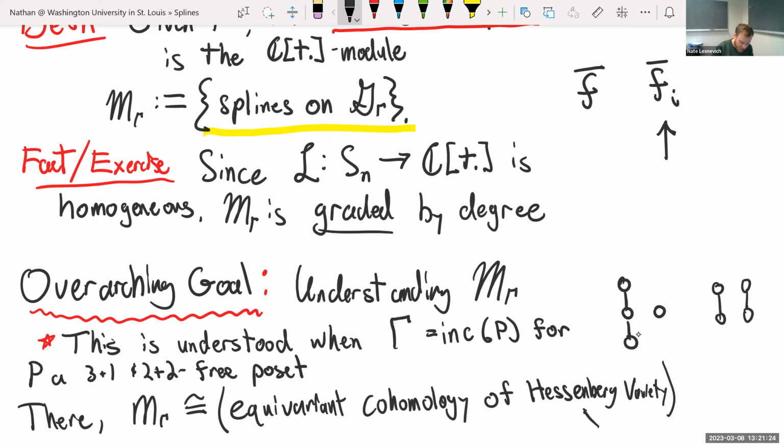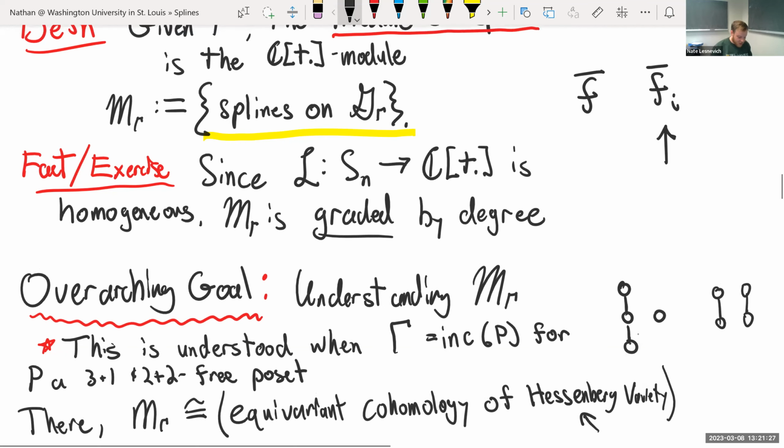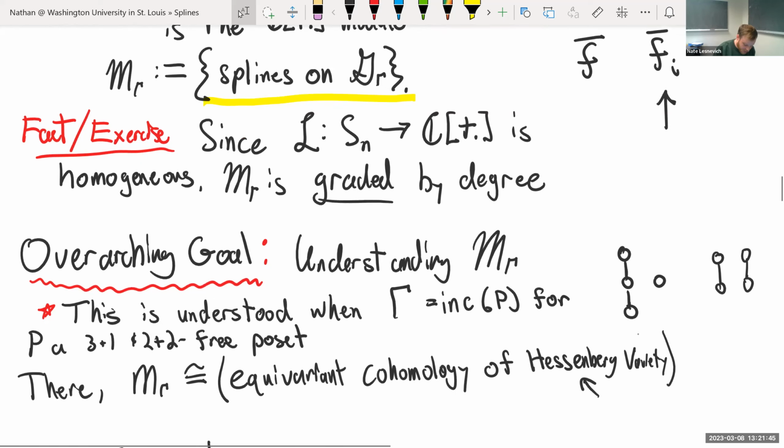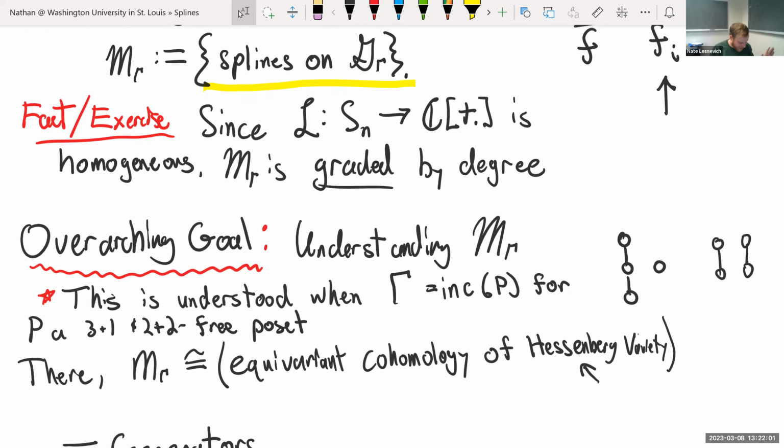It can be associated with a Hessenberg variety, and in that case, M gamma is isomorphic to the equivariant cohomology of that Hessenberg variety. So this is getting into the geometric background, and a lot of the initial motivation for this work is that this module is well understood in those cases. You have generators, you have freeness, you have all of the normal things that you would want about a module.